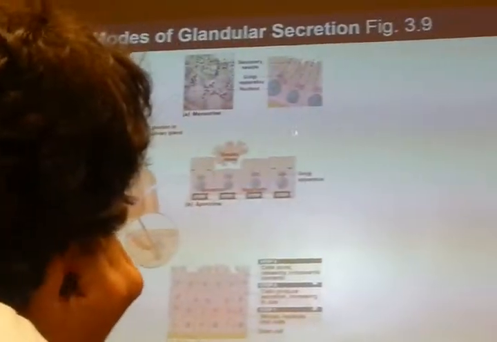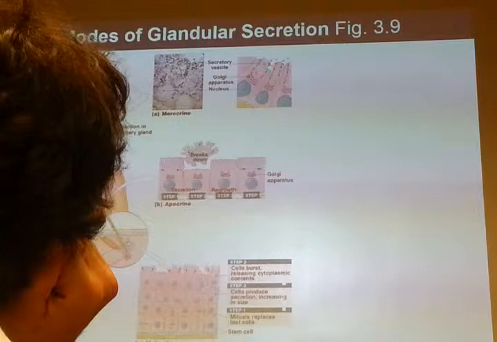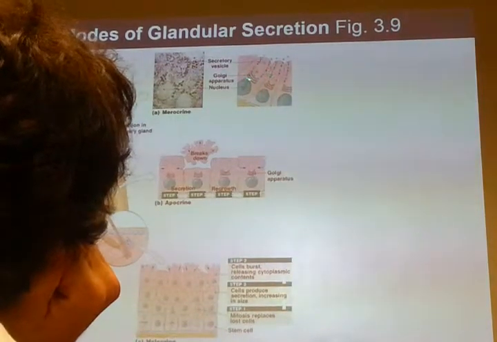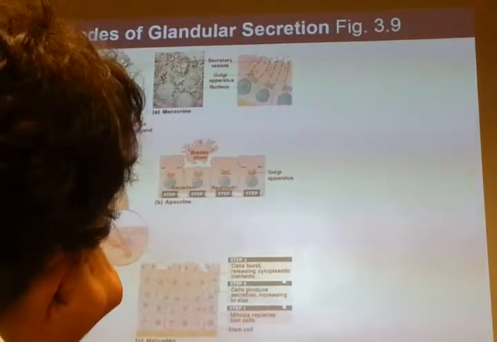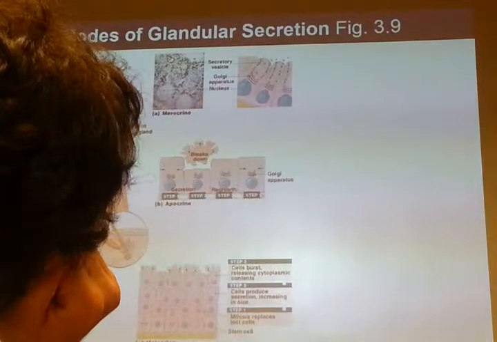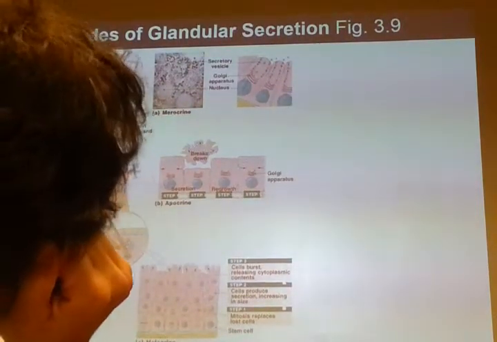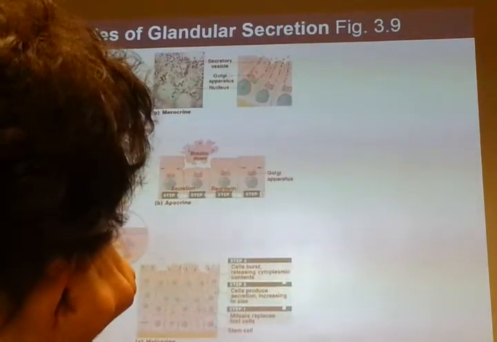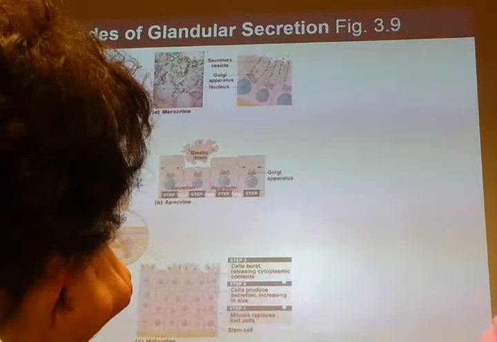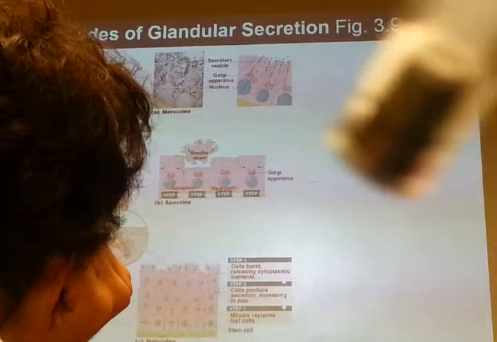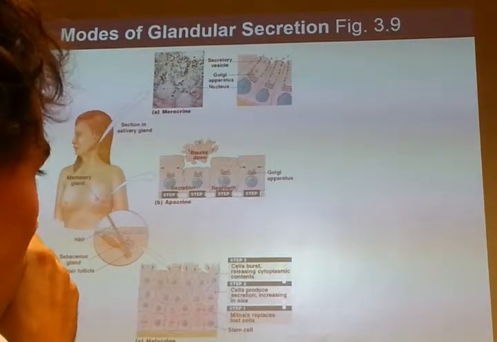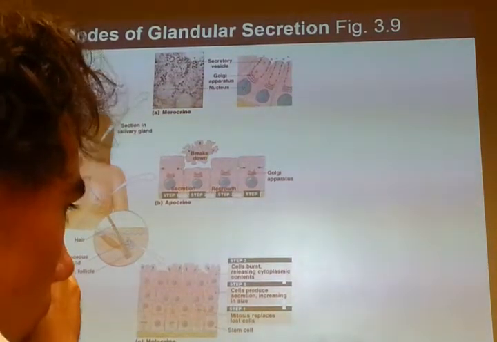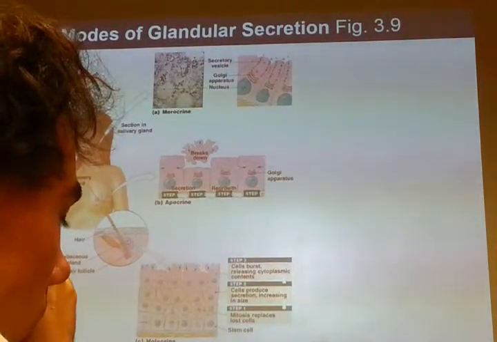The Golgi apparatus forms secretory granules that go to the apical surface and then exocytose the secretion. The plasma membrane that fuses gets recycled. There is very little structural alteration to the cell as it's secreting. It just forms the vesicle, fuses, releases, and then recycles the membrane.